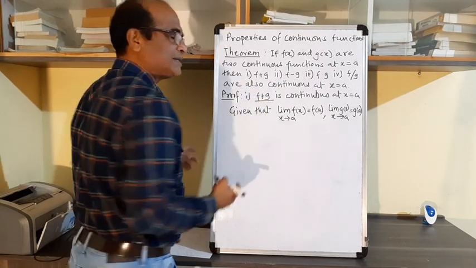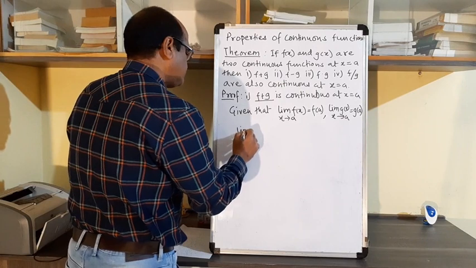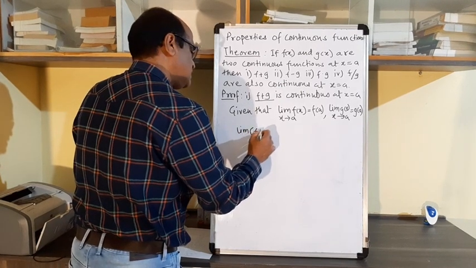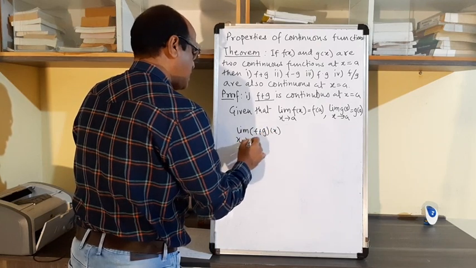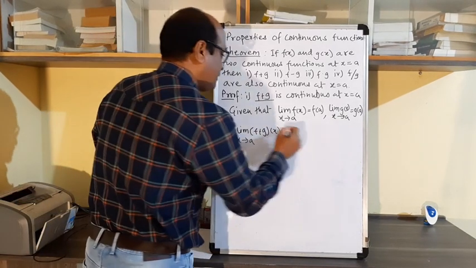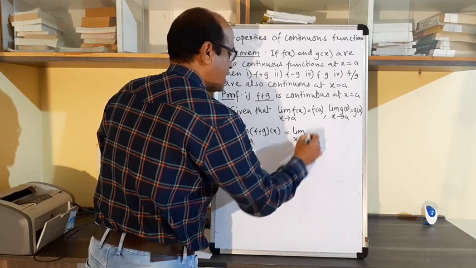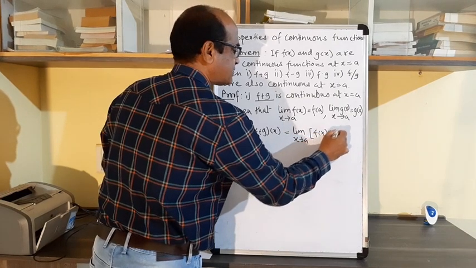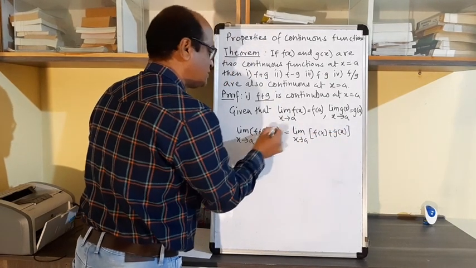So this f plus g is continuous at x is equal to a. So therefore limit of (f plus g)(x) as x tends to a is equal to, this can be written as limit as x tends to a of f(x) plus g(x).